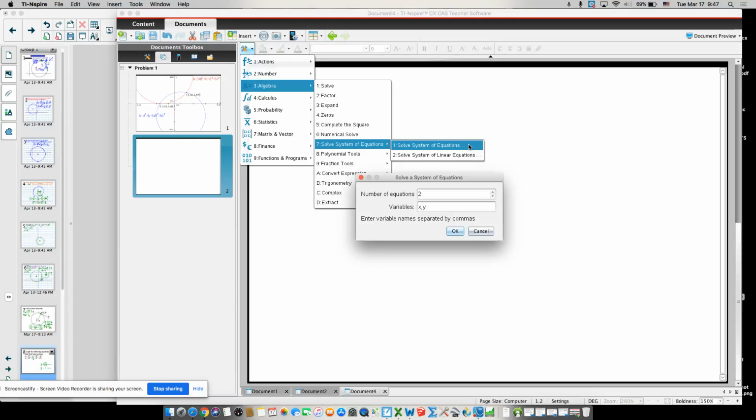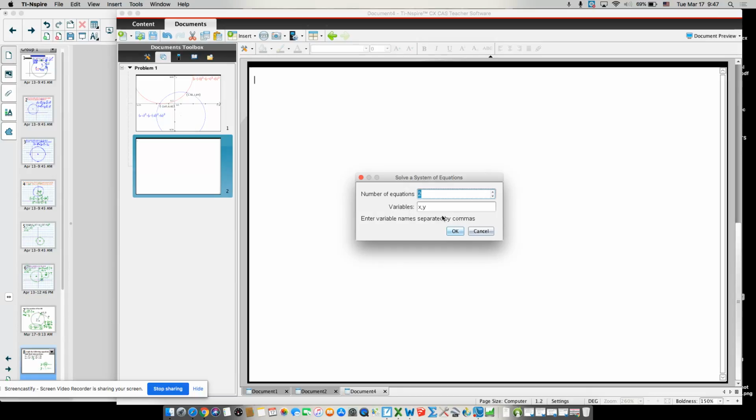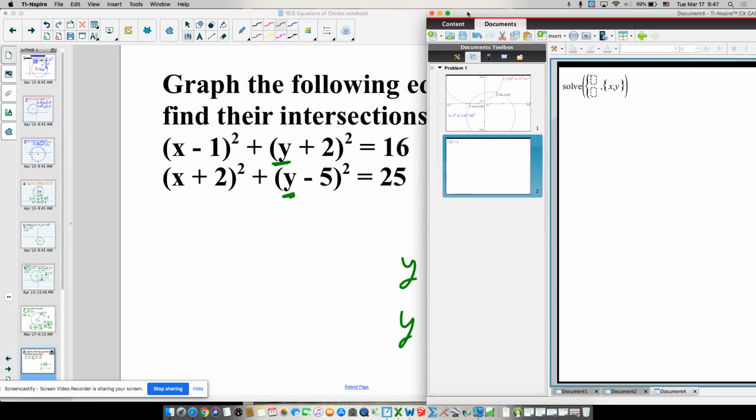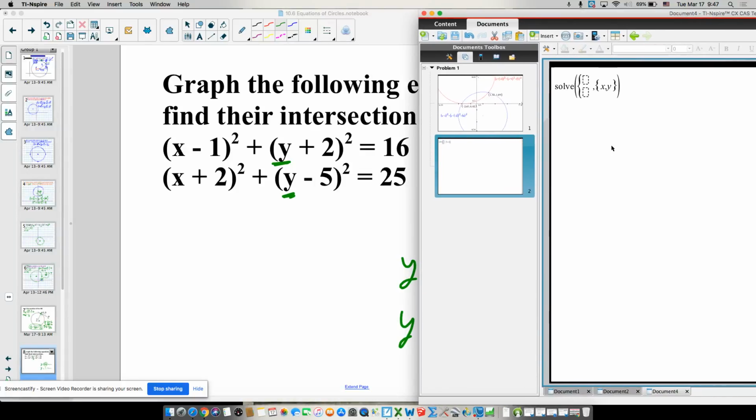Very powerful, useful tool. I have two variables, x and y. And I'm using these equations right here. So I actually have to just type those equations in just as they are. (x-1)^2+(y+2)^2. Don't forget your pluses and minuses.